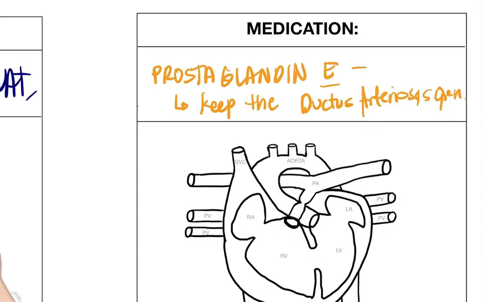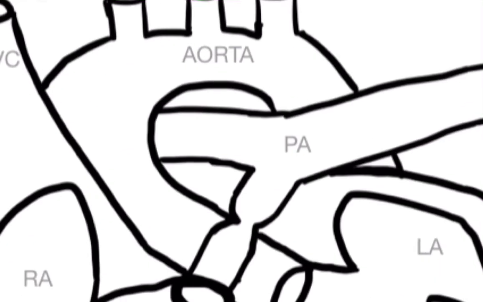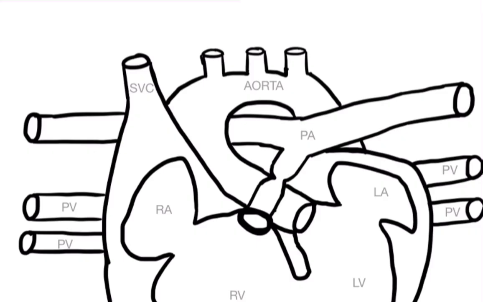So if you can remember in our previous lectures, we have what we call the ductus arteriosus, which is a kind of fetal shunt. And we want to keep that open because that connects our aorta and our pulmonary artery.